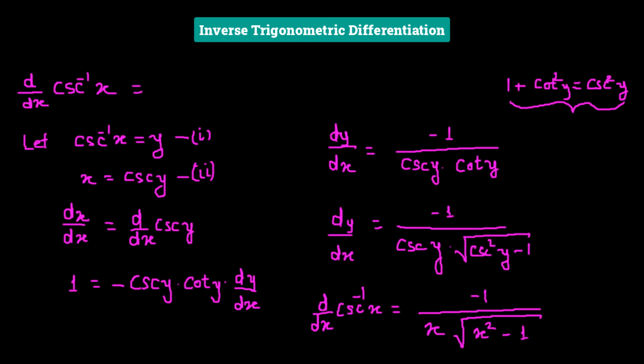So the derivative of the inverse cosecant function will be -1 divided by x multiplied by the square root of x squared minus 1, and the value of x is going to be all real values except those lying in the interval between -1 and +1.